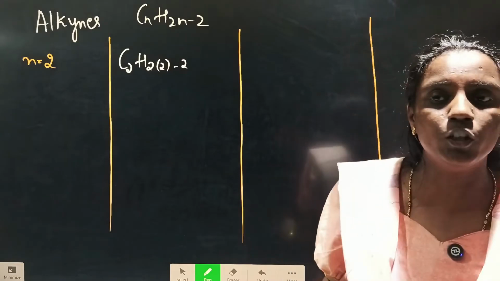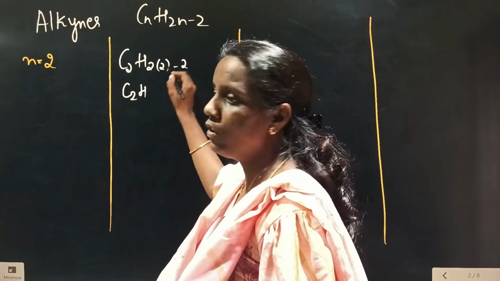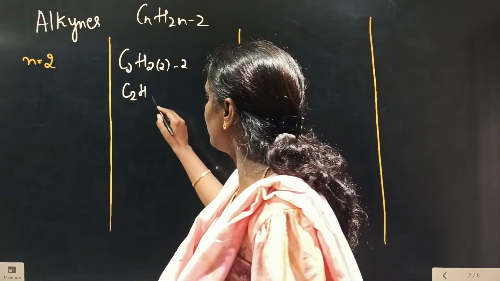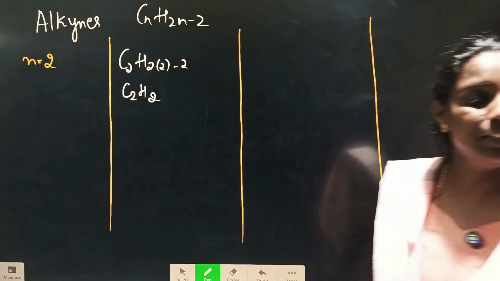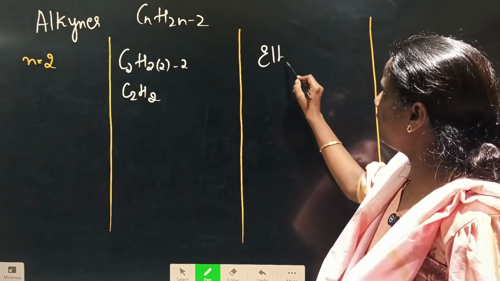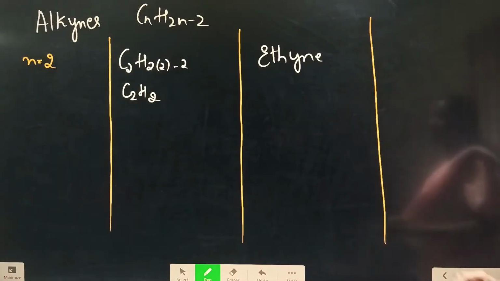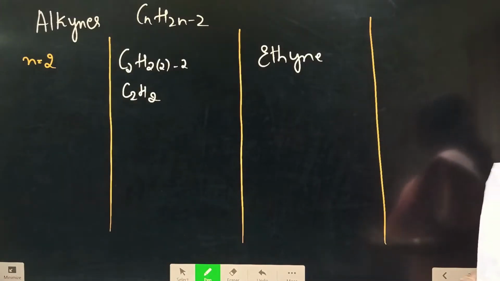So what will be the molecular formula? C2H, 2 twos are 4, 4 minus 2, 2 itself. Then what will be the molecular name? Ethyne.